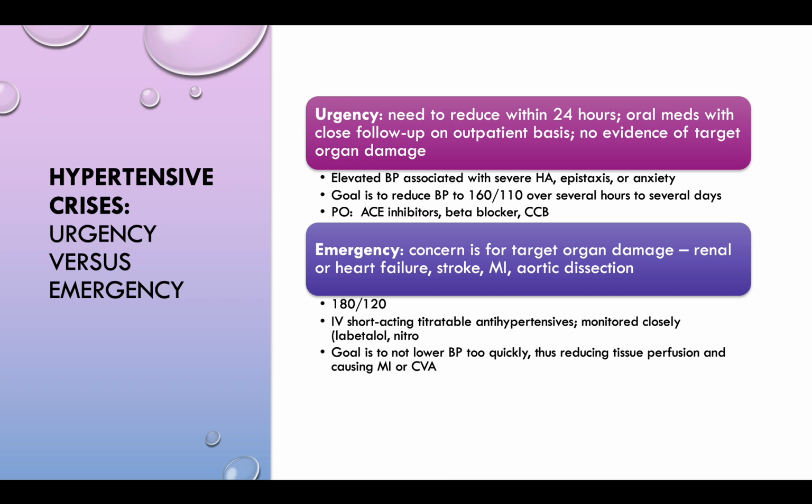But the goal, again, is not to lower the blood pressure too quickly because we still want to maintain tissue perfusion. And if we lower it too quickly, we're not getting blood flow and oxygen to some critical organs, such as our heart or our kidneys or our brain, and could result in some pretty disastrous kind of effects. So just an emergency of too high of a blood pressure.